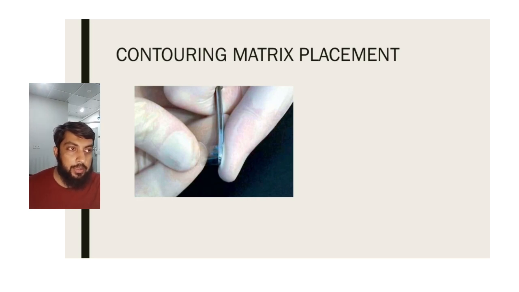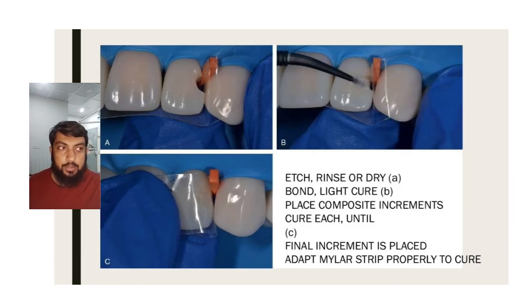Now you can see the matrix band is placed with the wedge. Then here we are going to put bonding agent. When the filling material is placed, the matrix band we contoured is folded back onto the tooth surface, making sure that it is not over contoured or under contoured. Then placing the light cure.